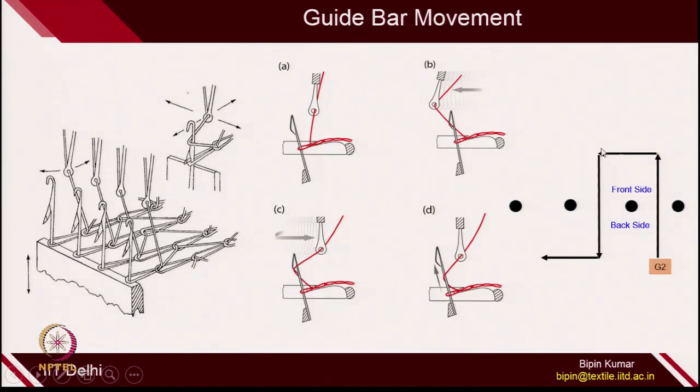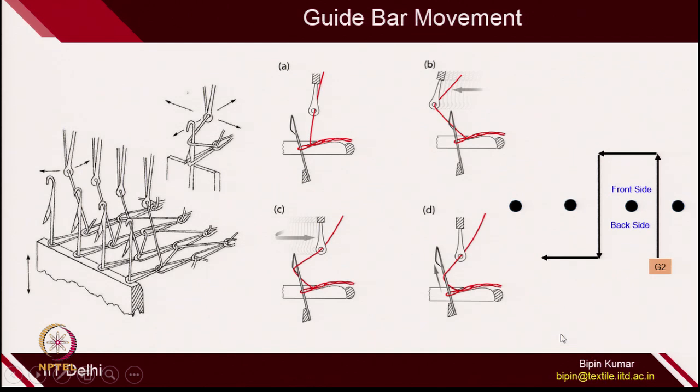If you carefully see, there are two motions along the needle bar, one on the front side and one on the back side, and there are two motions across the needle bar, one from back to front and one from front to back. These four motions are extremely important, and they are always there whenever any course is being developed in the fabric structure.